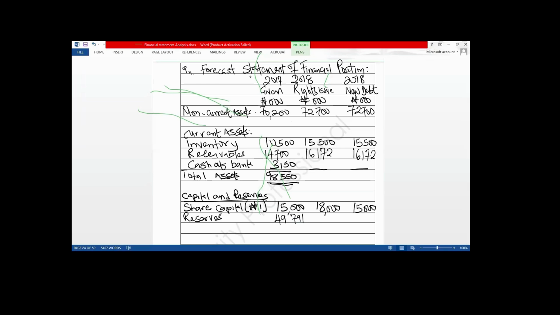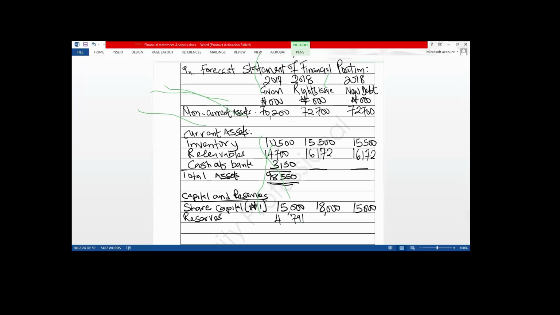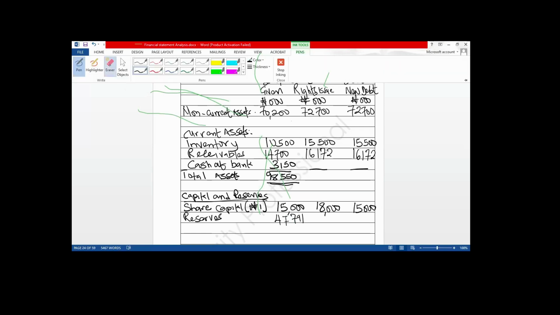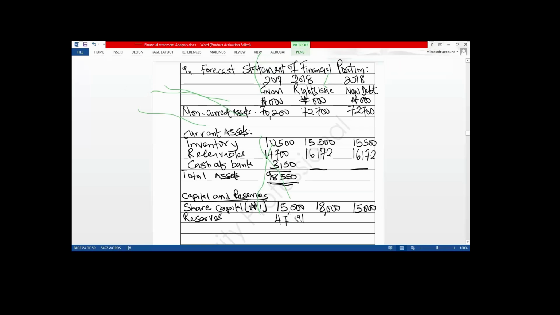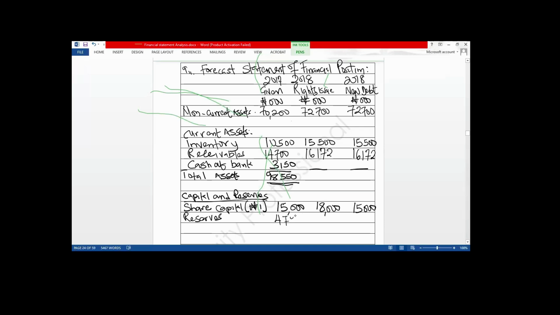I need to pick the eraser. 971 is an error. Nine, 7, 1. Okay.